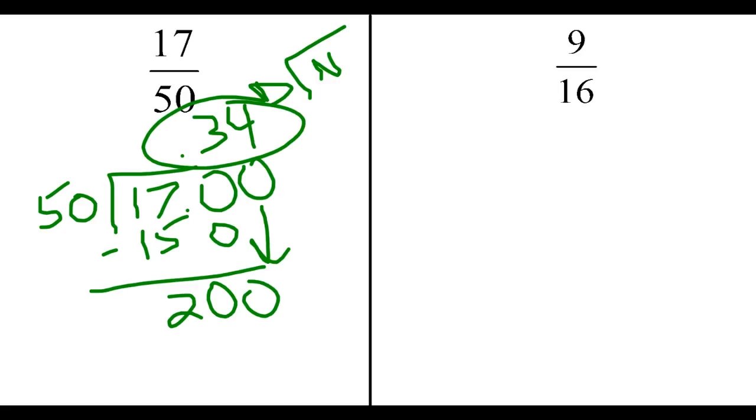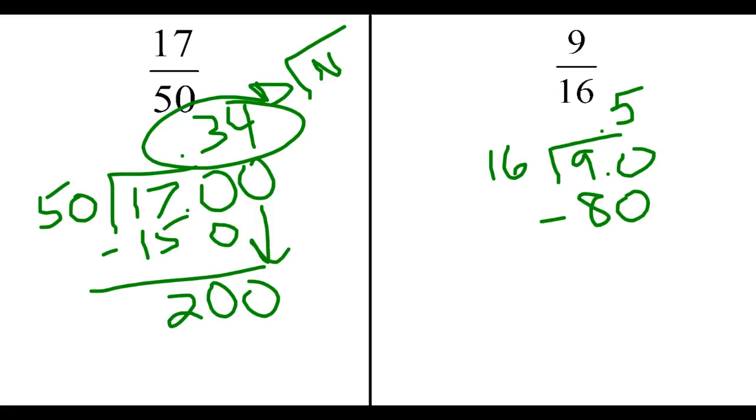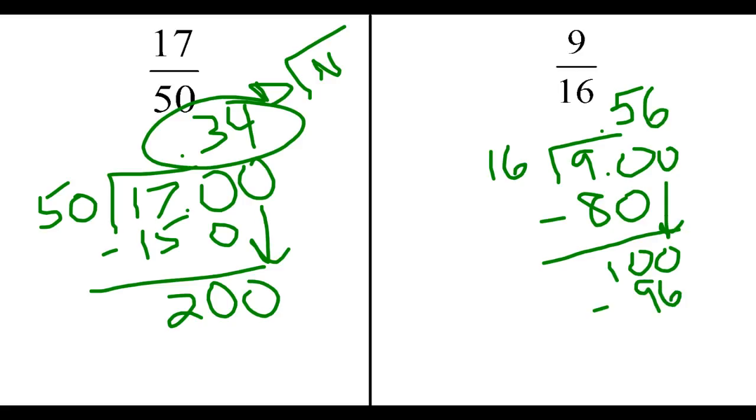Now for 9/16ths, 9 divided by 16, this is going to go on for a little bit longer. 16 goes into 9 6 times. Actually, rather, it doesn't go in 6 times, it goes in 5 times. 16 times 5 is 80. Add another 0. Goes into 100 6 times. 16 times 6 is 96.